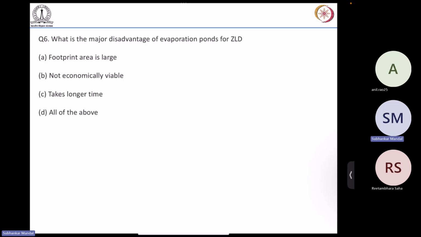So basically, this is ZLD. This is ZLD evaporation pond. So this is basically a conventional thermal ZLD method or technology.